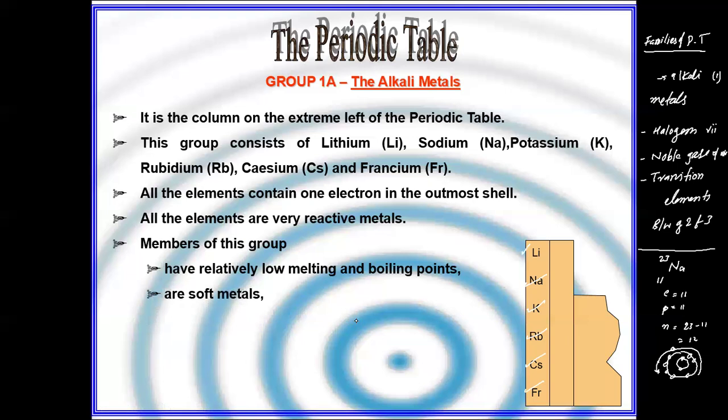They are soft. If you visit the school laboratory, you will see metals, sodium and potassium, usually stored under oil. Why are they stored under oil? The answer will be given in chemical properties. So here we are talking about their being soft metals.